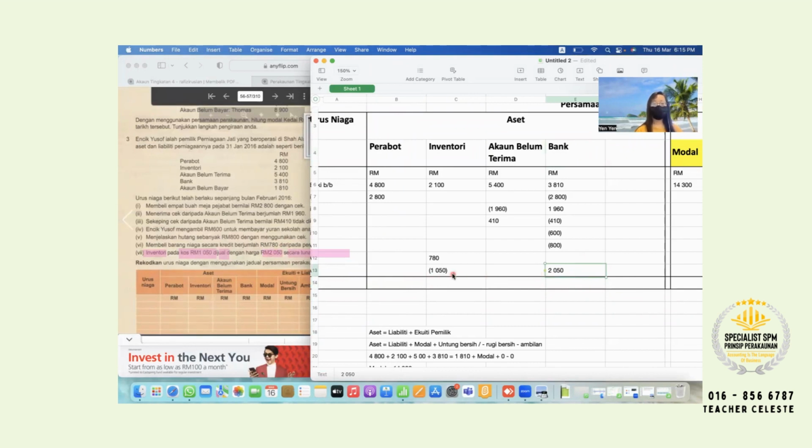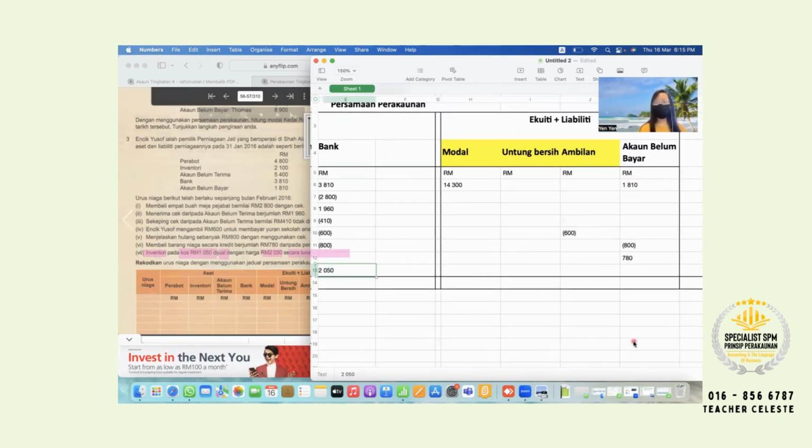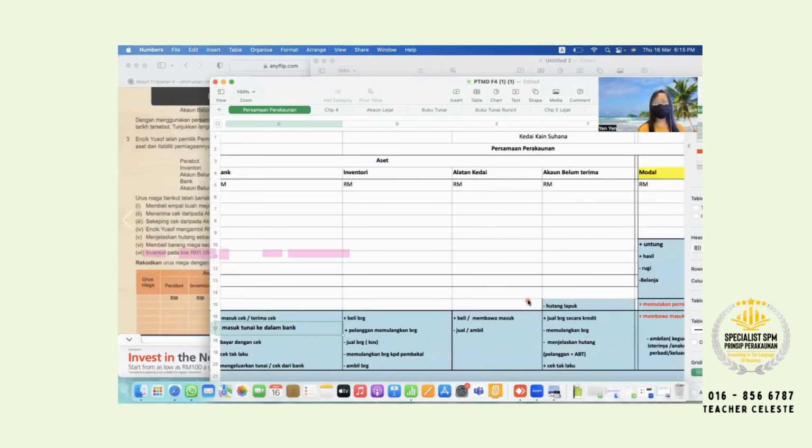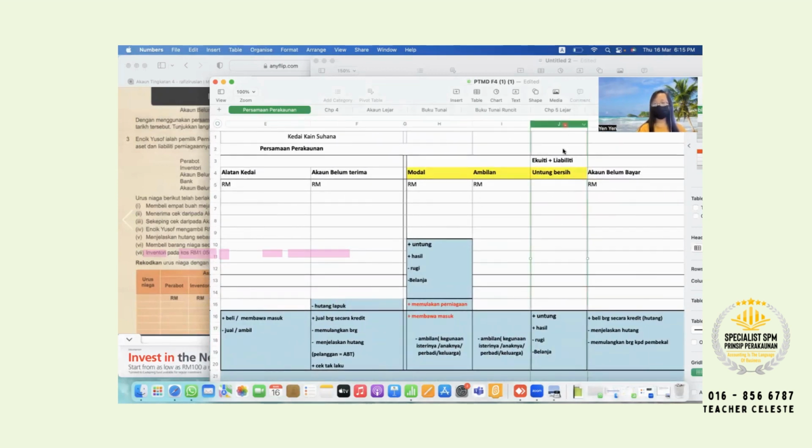So after that, you imagine this one is your inventory, this water tumbler. And this one cost is 1050. And then I sell to you 2050. So teacher get profit or loss? Yes, very good. Profit. So no matter profit or loss, of course, record to the untung bersih column.